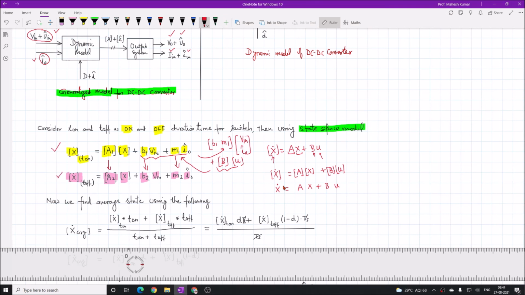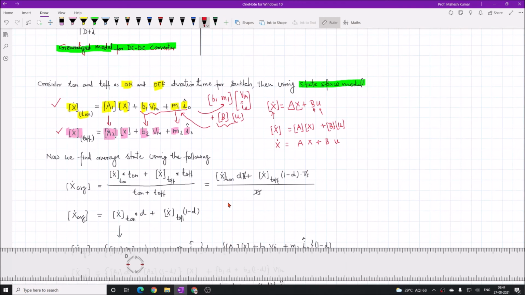The next step is to find out the average state. So the average state will be nothing but x dot during t on into t on plus x dot during t off into t off, divided by t on plus t off.